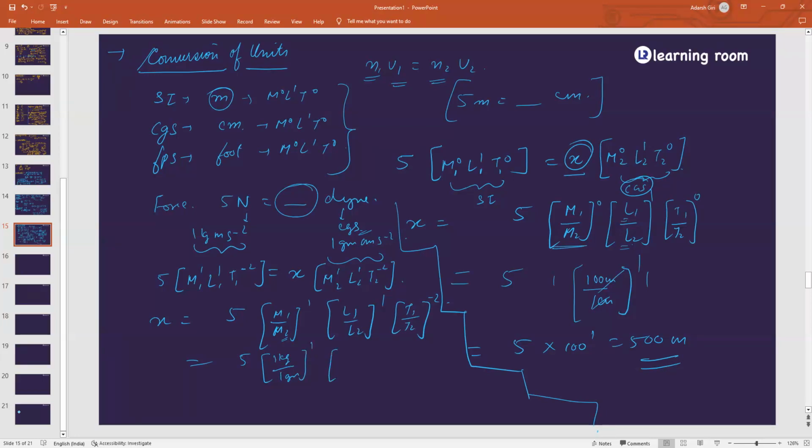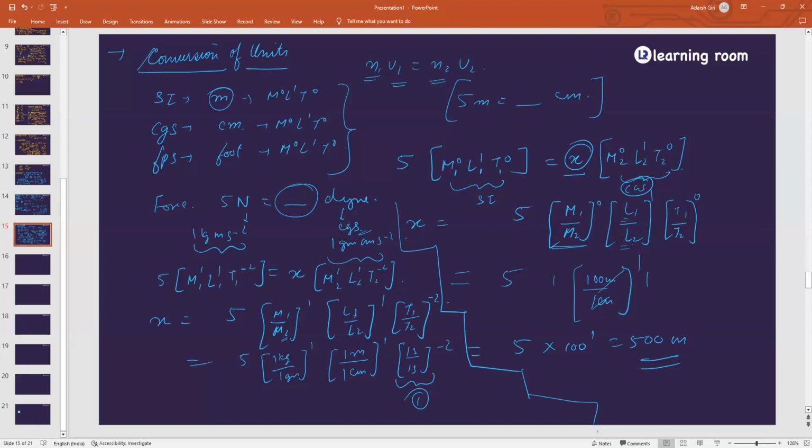What is the unit of length in SI? Meter. And in CGS, it is centimeter. So 1 meter upon 1 centimeter power 1. Now, time in both the systems of units is seconds. So 1 second upon 1 second, power minus 2. So this gets cancelled. Everything is 1 here.